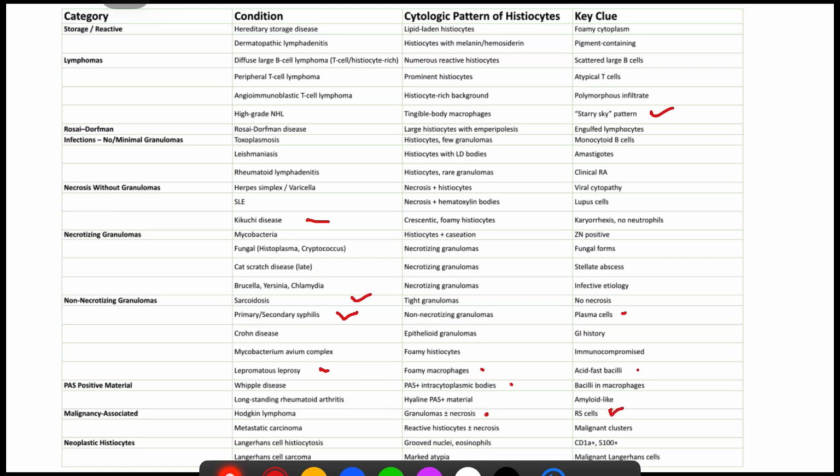Langerhans cells, CD1a and CD100 positive. So these are the cells.